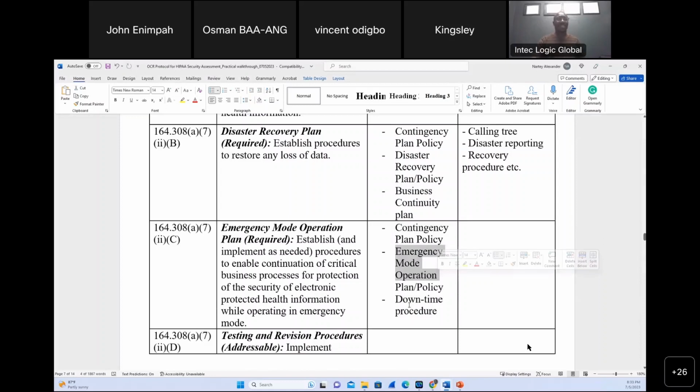I've seen some companies that have an emergency mode operation plan as a separate document. Then there is also a downtime procedure, right? So if there's downtime, maybe the systems are not working as expected, there is an outage. Somebody talked about one ISP being out. I don't know, those of you who are using AT&T during summertime, I used to experience that.